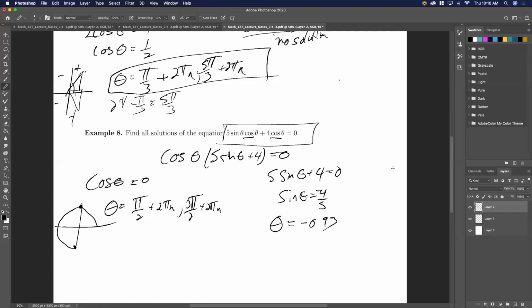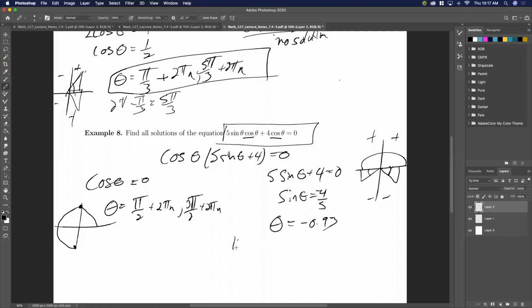Okay, so let's look at our little unit circle real quick. So that's giving me this angle here. And remember, sine is positive here and here, negative here and here. So I want this angle here. I want the same reference angle on this side. So how am I going to do that? I'm going to add pi. Instead of subtracting this angle, we're going to add this angle.